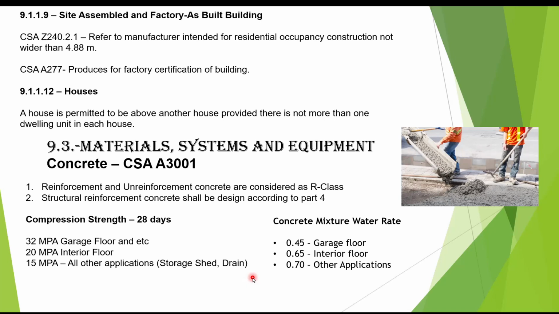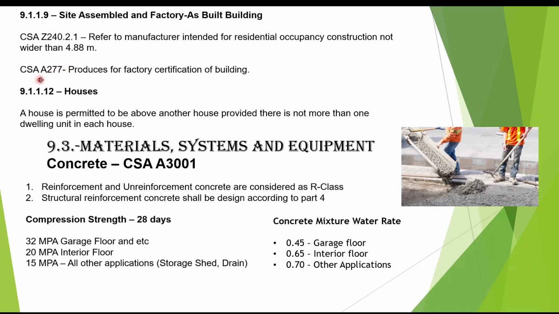Now we're going to move into site assembly and factory-built buildings. We all know this as a building that is built in a factory, while site assembly is basically built on site. Now CSA Z240.2 refers to manufactured homes intended for residential occupancy constructed not wider than 4.88 meters.